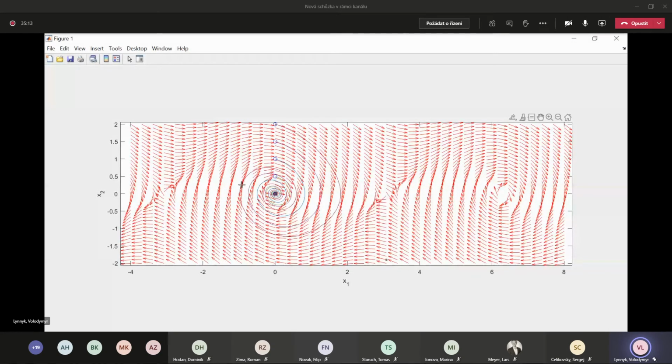Okay, now you can see the vector field of the pendulum with friction. Not only minus sin x1, but we also have minus 0.3 x2.